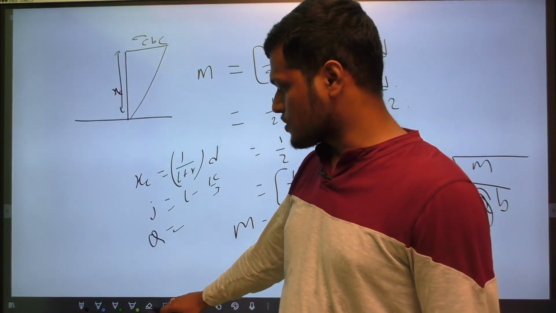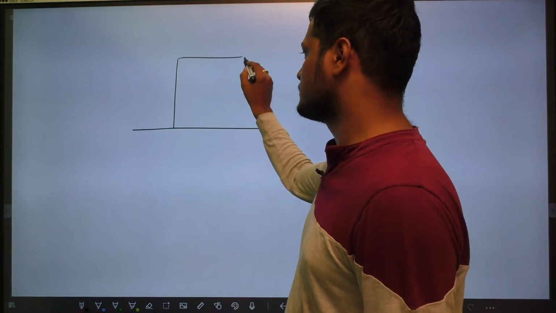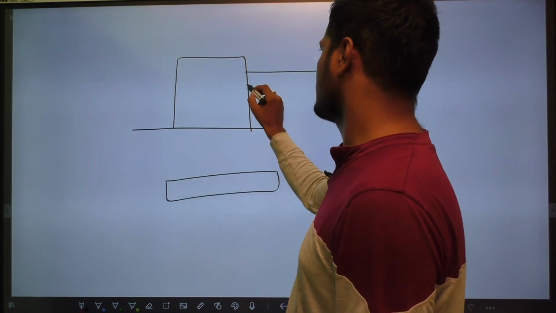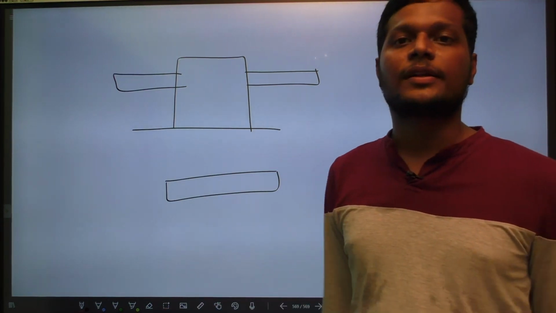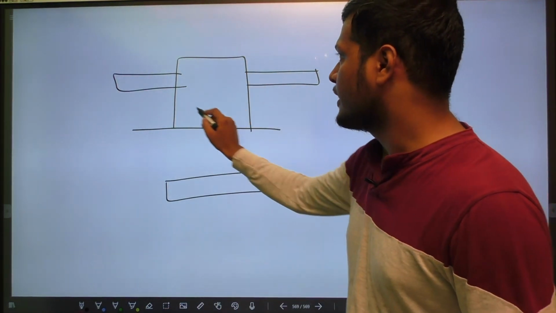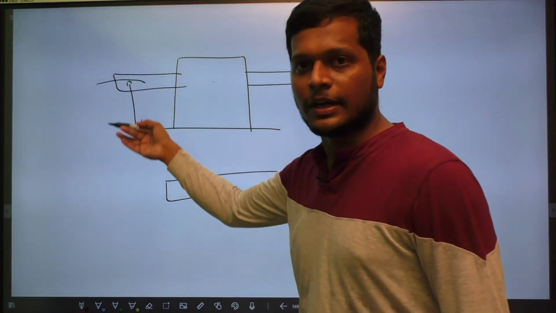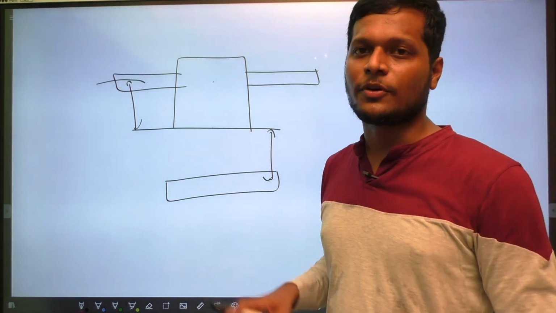Suppose the same situation comes for a doubly reinforced section. Find the neutral axis. So how to find the neutral axis? Area of rectangle into depth is equal to M into AST into whatever depth you have, D minus XA.